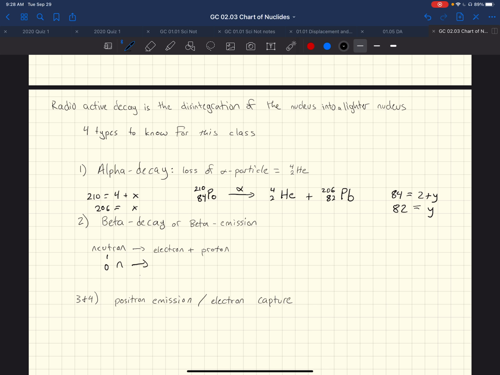And that decomposes to an electron, which is that. For this class, we will oftentimes see them as beta particles. This is the Greek letter beta. Or you might also see them as electron plus a proton.